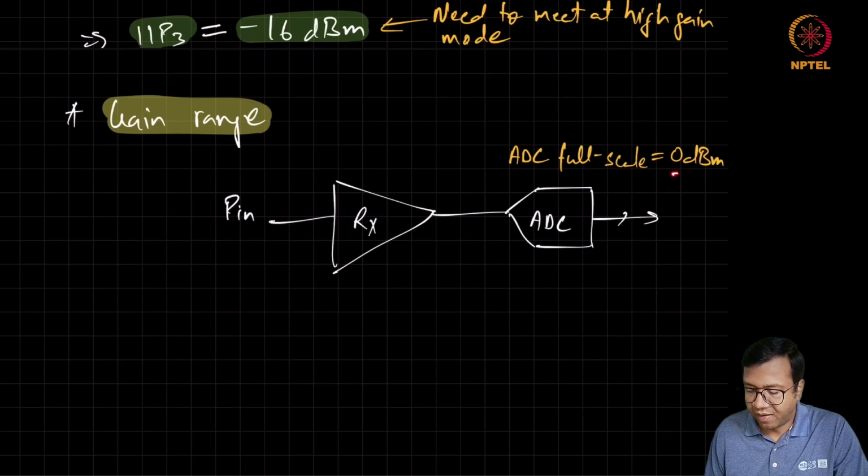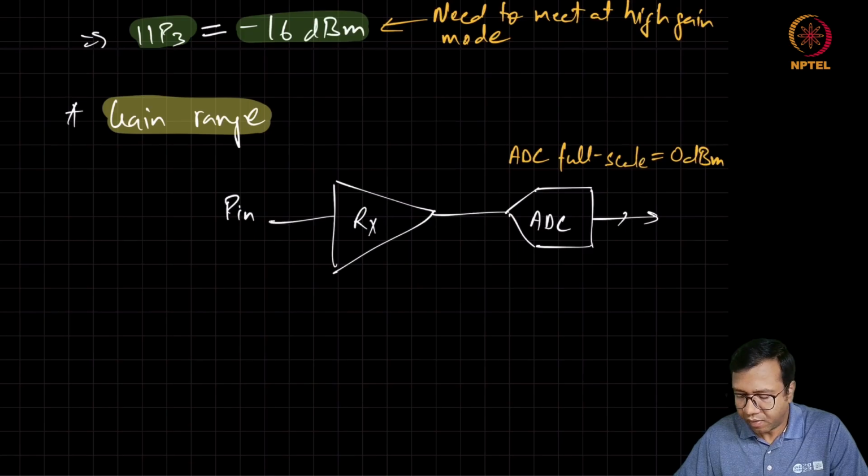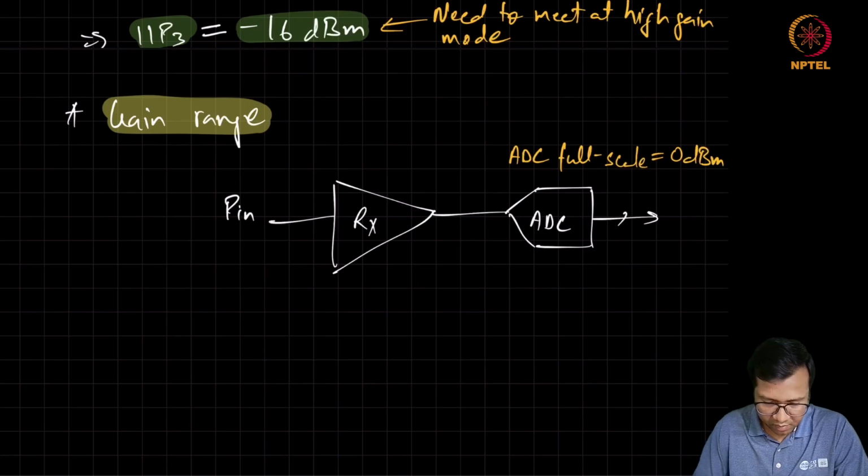And if the full scale is 0 dBm, then in the presence of PAPR as well, we need to make sure there is no clipping.